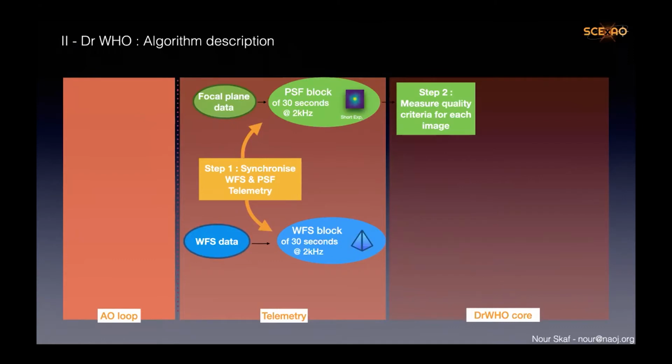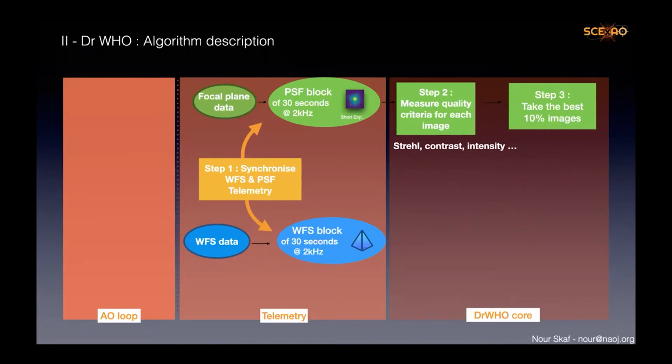The following step is to take the focal plane block and to measure a quality criterion for each image of that block, which can be the Strehl ratio, the contrast, the intensity, you name it, whatever you prefer. And then we take the best 10% of images based on this quality criterion.